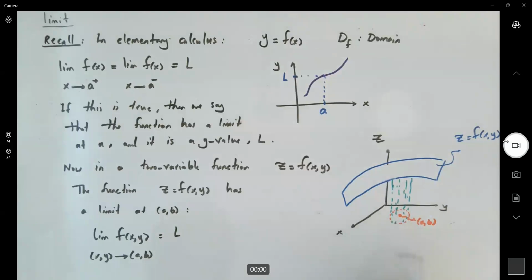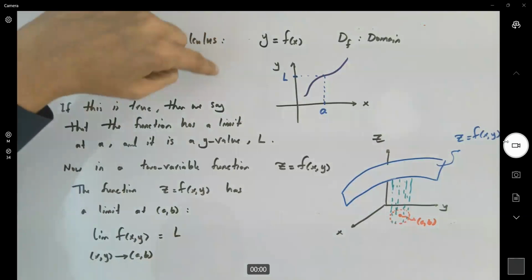We have different approaches to finding the limit of the function, and also we have some techniques to show that the function doesn't have a limit near this point A and B. So this is what we're going to discuss.